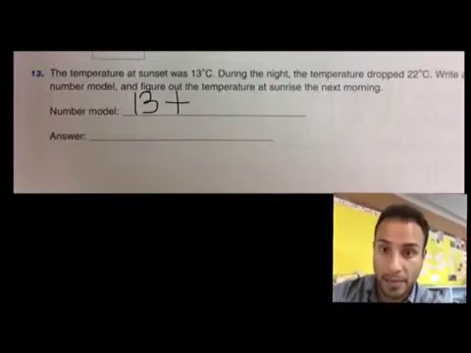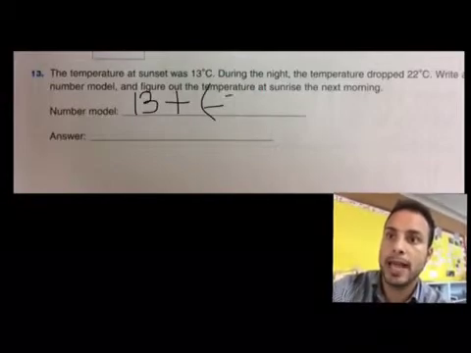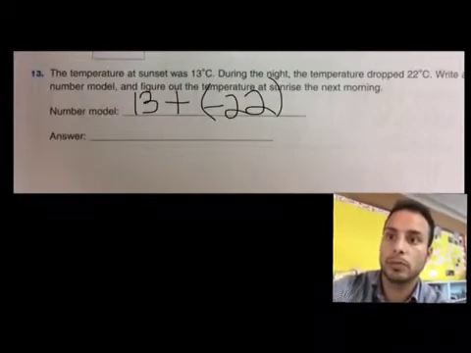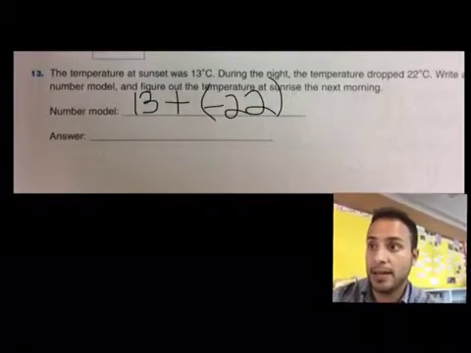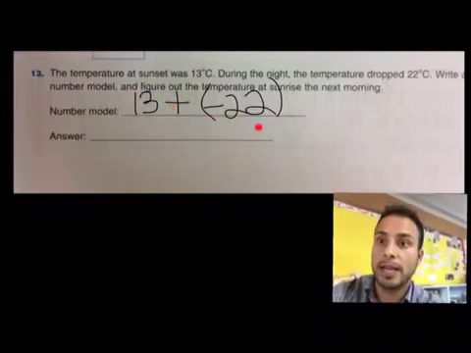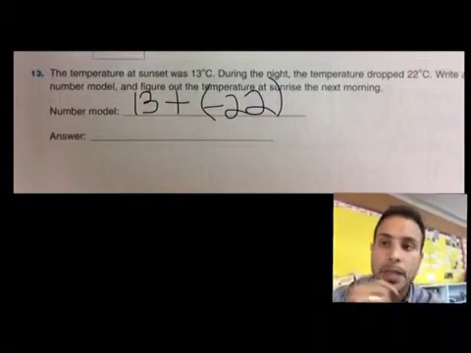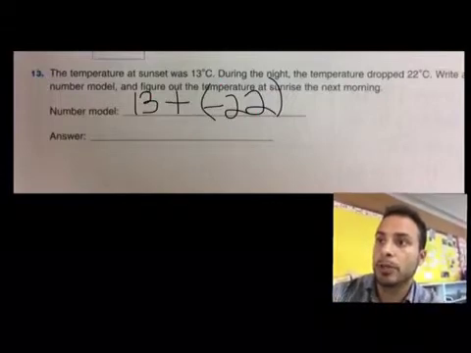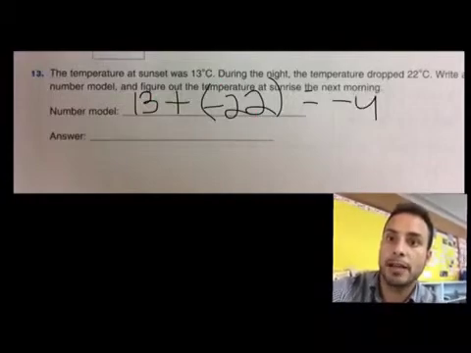This is what happened then. And then the temperature went down by 22. You see that? Okay, we have 13, and it went down by 22. That equals, when we do that math, we get negative 9.